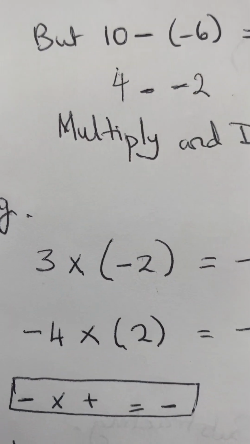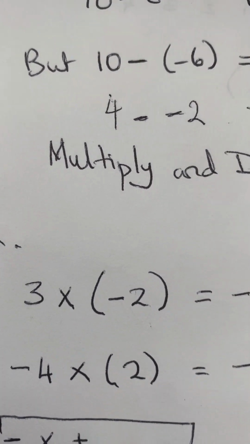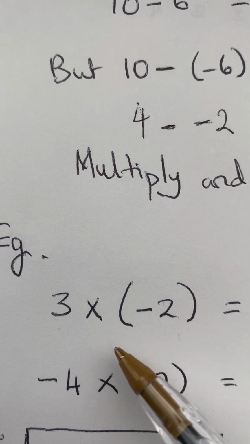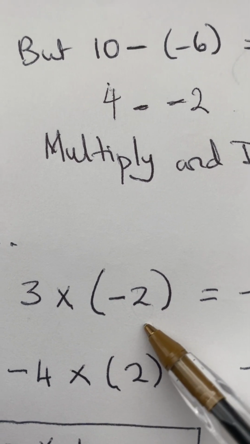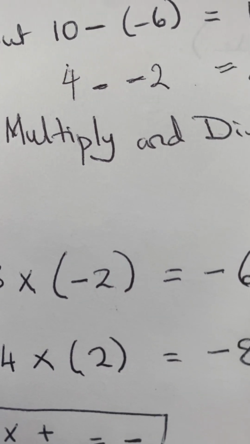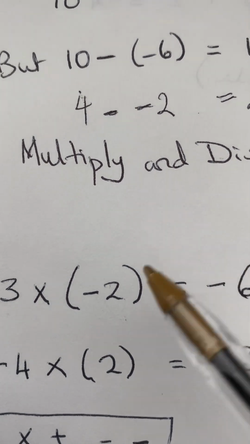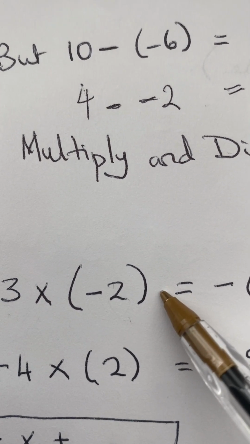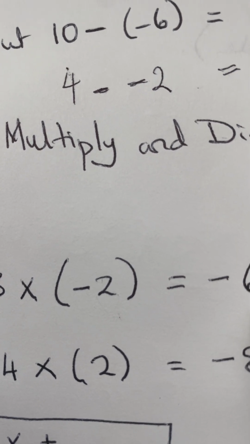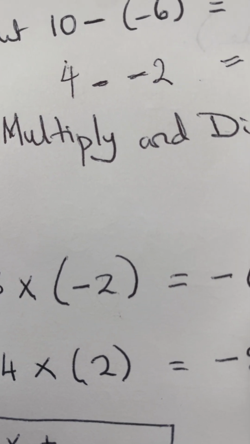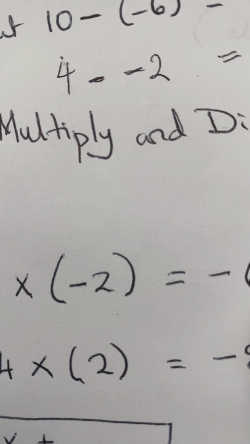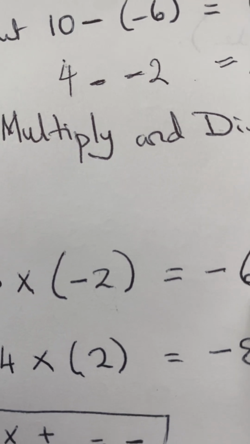But not to confuse you, 3 times minus 2 is minus 6. If you have one minus sign, then the answer is minus 6 if you are multiplying. Okay?